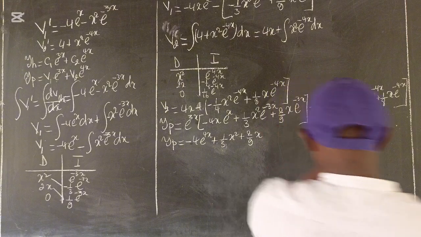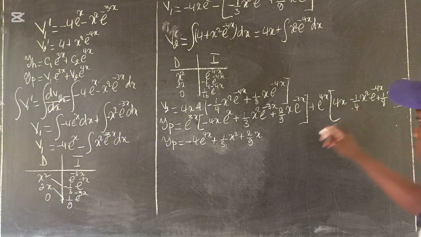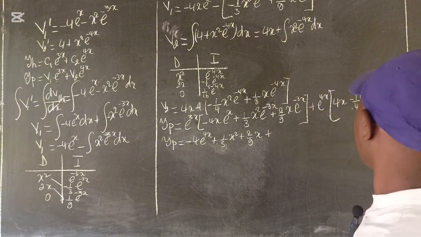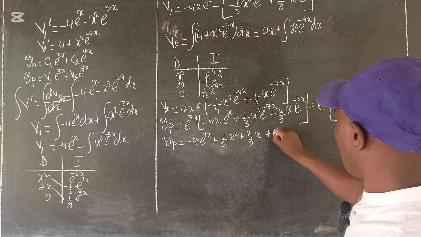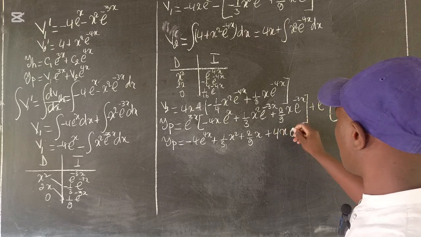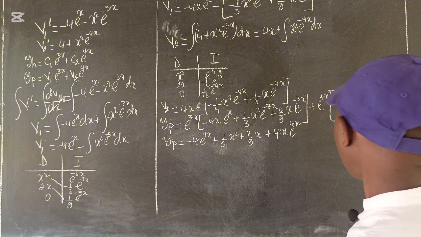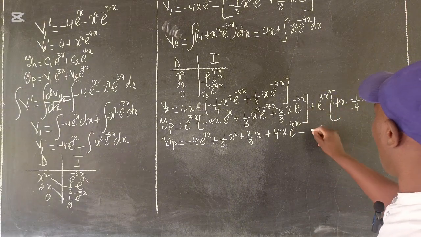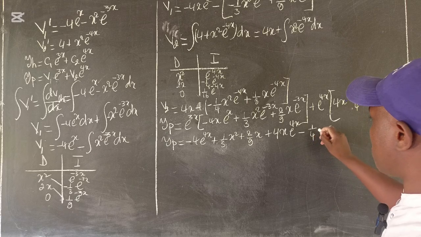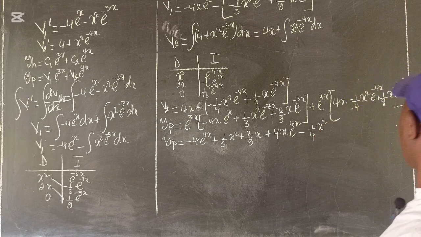Okay, let's come here. We have plus 4x exponential 4x minus 1 over 4 times x square.